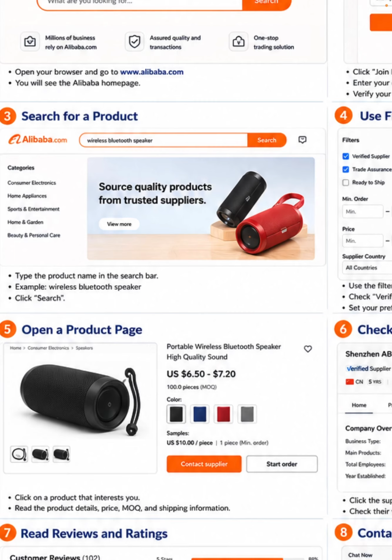You have a particular brand in mind, and you have to be very careful about the brand. Because sometimes, for example, you want a Beat speaker.